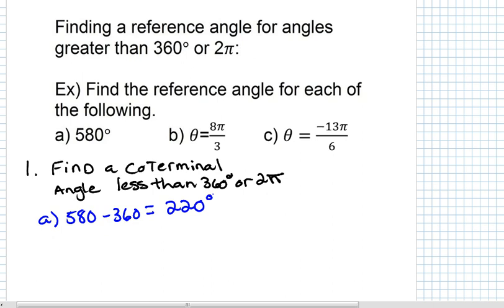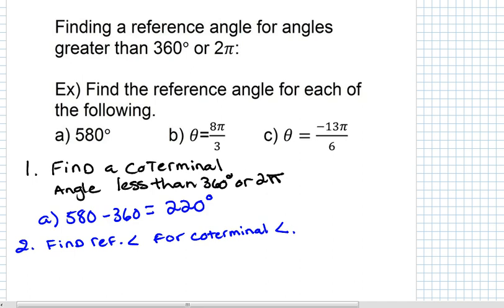Alright, then I'm going to find the reference angle for that coterminal angle. And I'm abbreviating here.